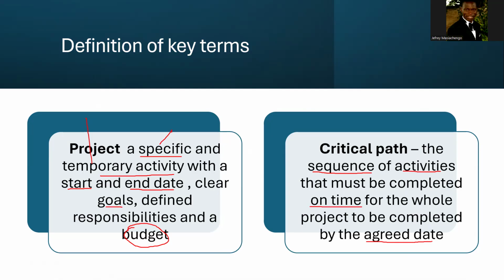Obviously, we are running a project, or we have embarked on a project. Maybe we want to pave the car park. We agree with our client that we are going to do this for this period. So it must be completed by the agreed date so that we don't disappoint our client. I hope it's making sense.